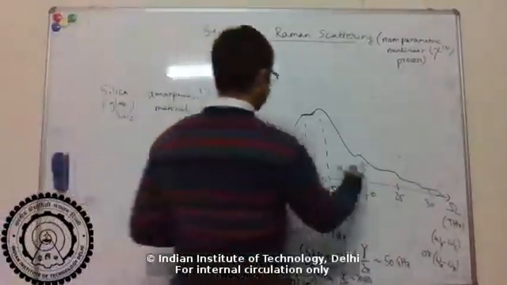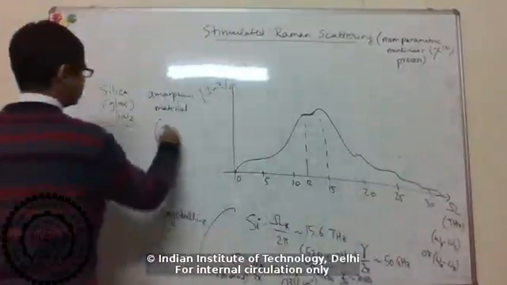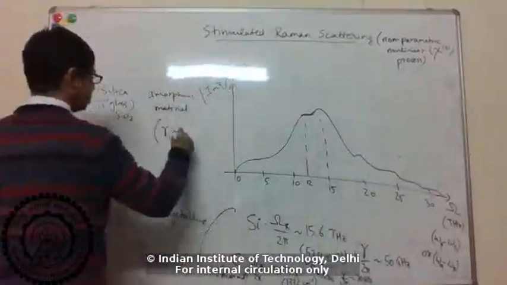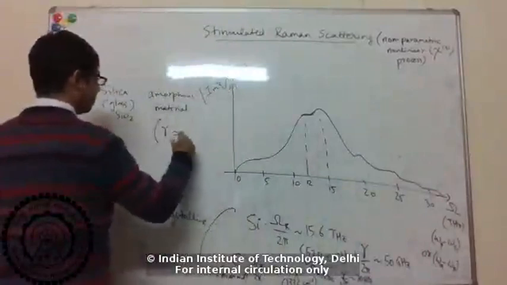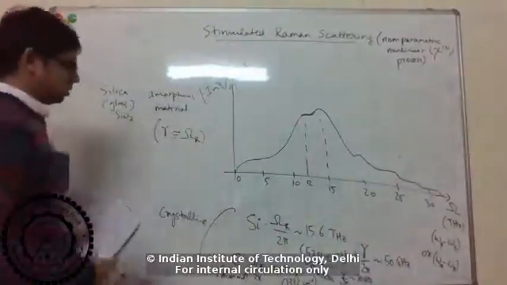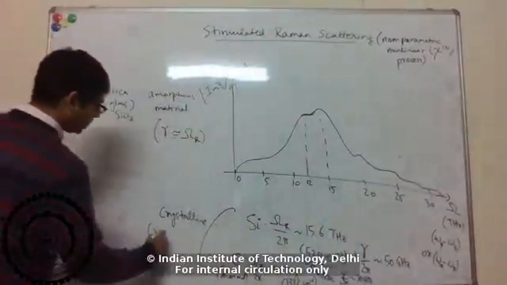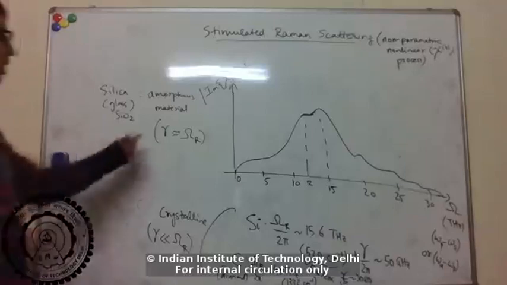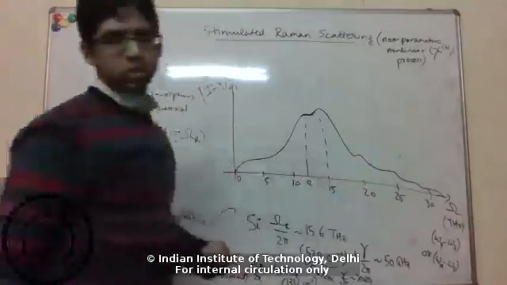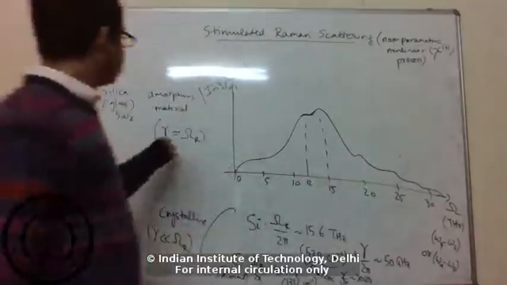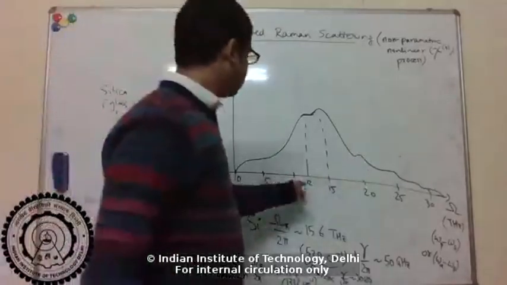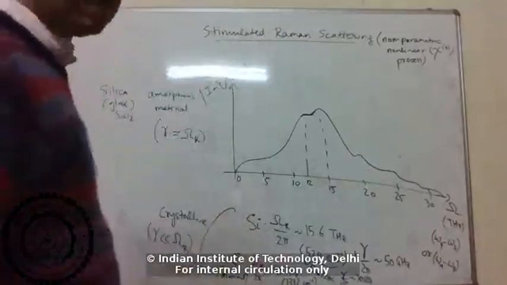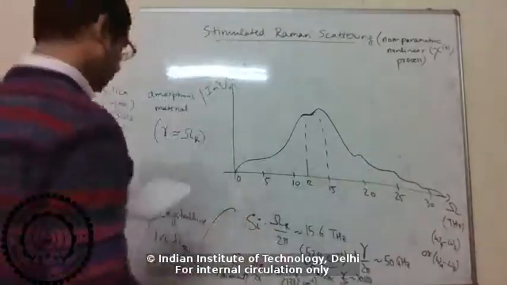What we are saying here is that for amorphous materials, the effective line width becomes comparable to omega. For the crystalline case, the line width is much smaller than the resonance frequency, whereas here it becomes comparable to the resonant frequency. Which means that on average, the phonons are very short-lived, because there are lots of defects in the medium which decay the phonon very quickly.